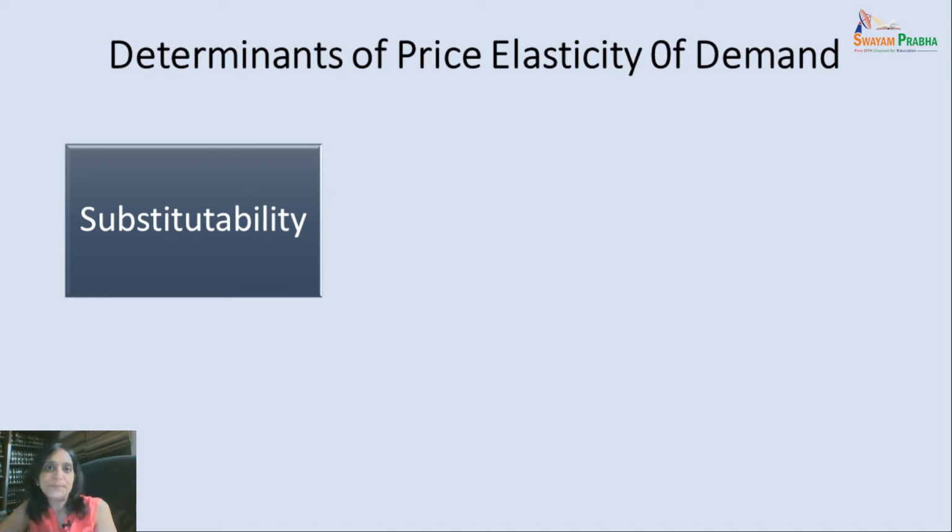So if you decide to increase the price and your competitors' prices are unchanged, this will have a greater impact on the demand for your product, because with your price increase, people will shift to your close substitutes. So your demand will become more elastic.